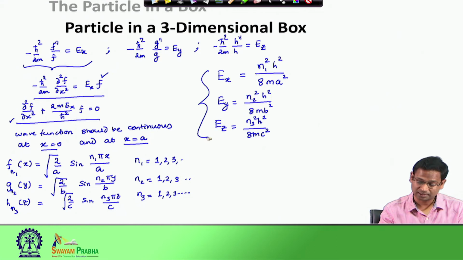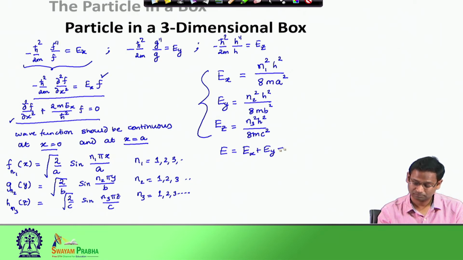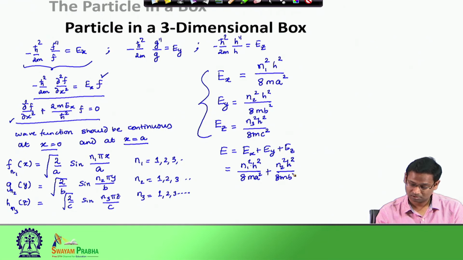The sum of the three, Ex plus Ey plus Ez, would be the total energy of the system, which is given as this expression.